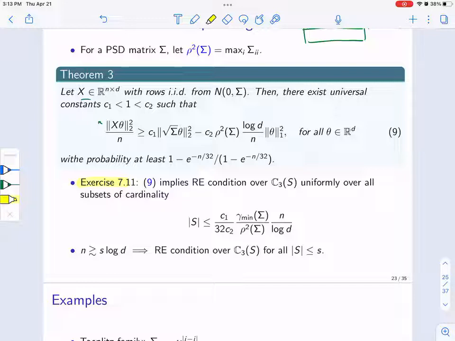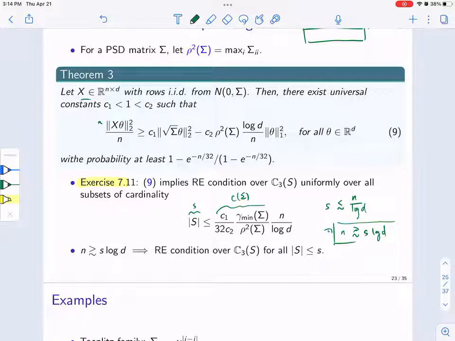So what this is saying is that if I call this little s, you can see this is some constant dependent on sigma, treated as a constant. So this is saying that if s is less than or equal to, up to a constant, n over log d, or equivalently, if n is bigger than or equal to s log d, then we have the desired RE condition over all subsets of size s.